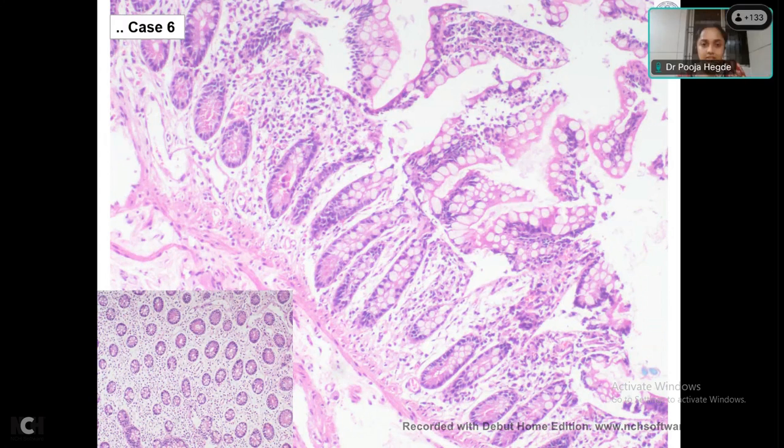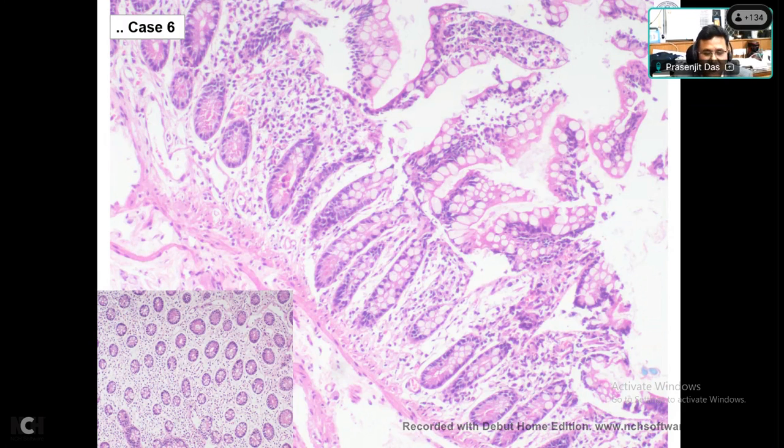Do you think the crypts are very short, and can you see basal plasmacytosis or eosinophilia? So just notice the steps I am trying to tell you. First the architecture, then the type of inflammatory cell, whether it is patchy or diffuse. Then you have to look at whether basal plasmacytosis or eosinophils are there or not. So not much.